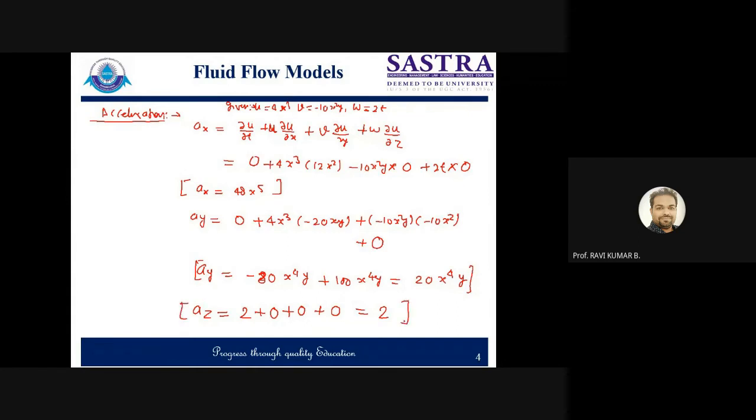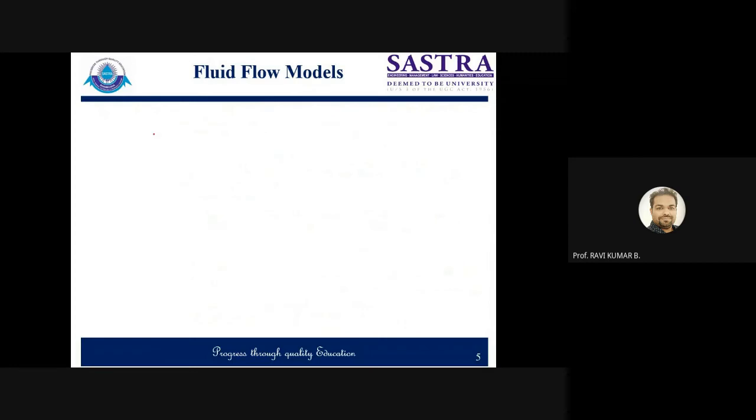So now you have ax, ay, az, everything calculated. So finally, you can put the net acceleration as ax i plus ay j plus az k. So put the value.